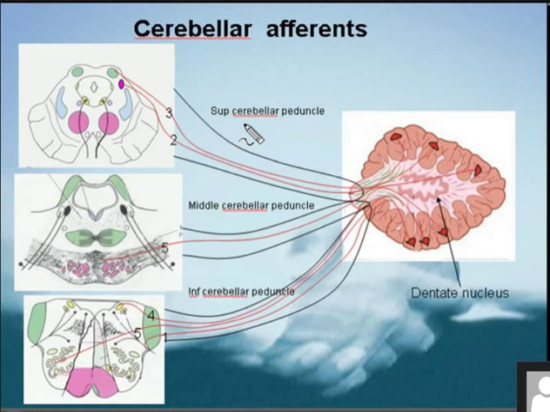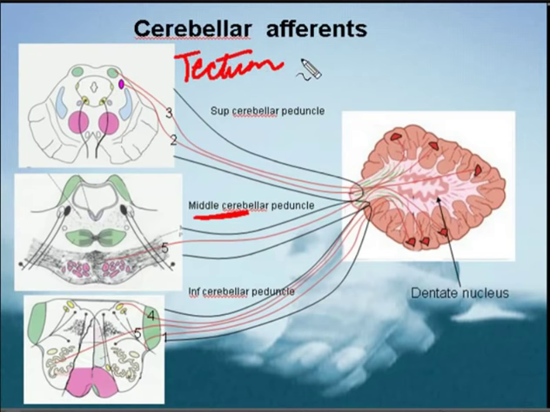For example, if I told you pontocerebellar, remember, ponto means it's in the pons. How is the pons connected to the cerebellum? Through the middle cerebellar peduncle. So therefore, pontocerebellar will go through the middle cerebellar peduncle. If I told you tectocerebellar, then you remember the tectum is also synonymous with colliculi.